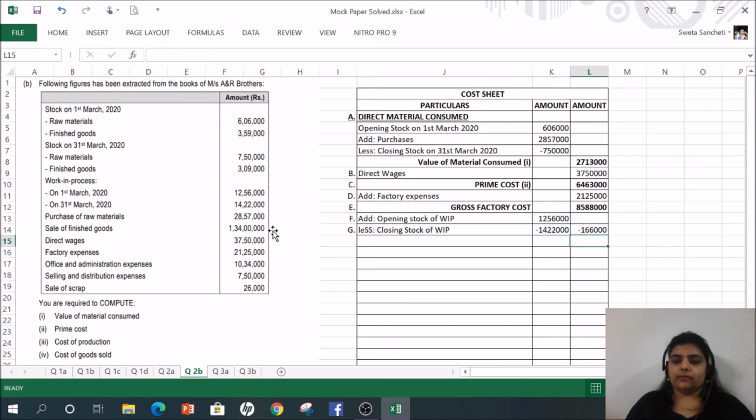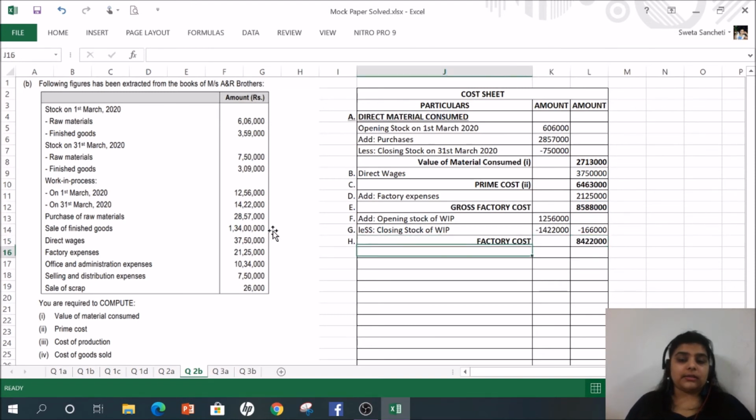Ultimately, net of that, what we get is our factory cost. That is equal to gross factory cost add the opening WIP less the closing WIP. What we get is 84,22,000.